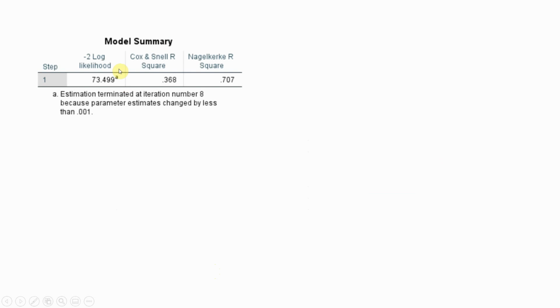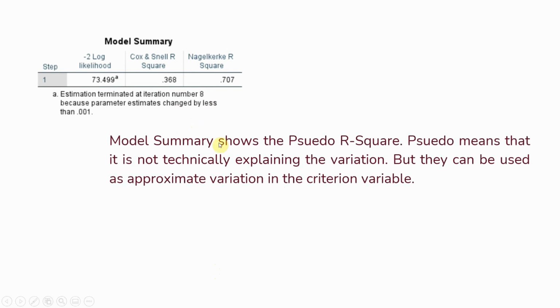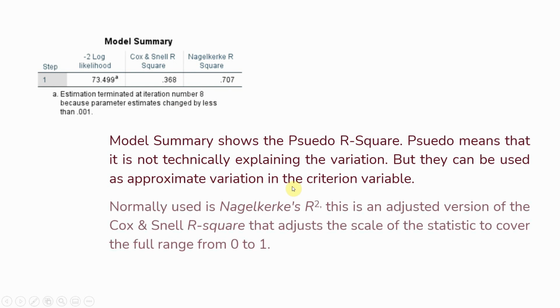Next up is your model summary, as we get in linear regression as well. Here we've got our R-square values. We normally use Nagelkerke R-square, which is a pseudo R-square, not actually an R-square value. So the model summary shows the pseudo R-square. Pseudo here means that it is not technically explaining the variation, but it can be used as an approximate measure of variation in the criterion variable.